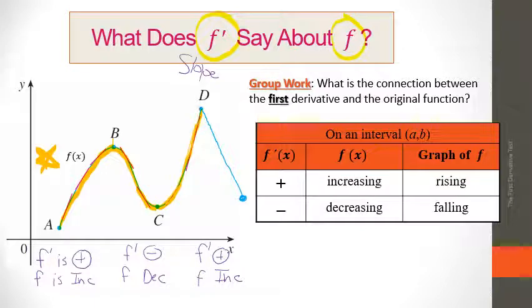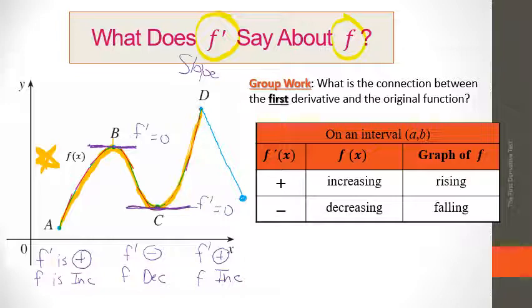Now let's look at what happens at B and C. At B, we have a tangent line here, and what is the slope of that tangent line? 0. And at C, we have a tangent line, and the slope of that is 0.